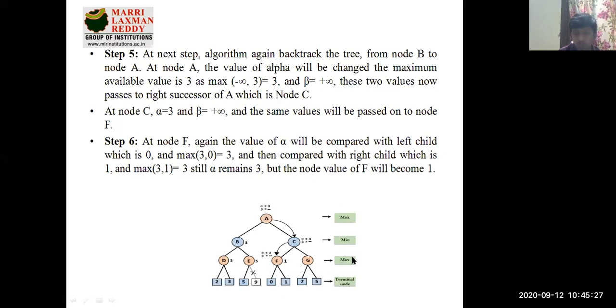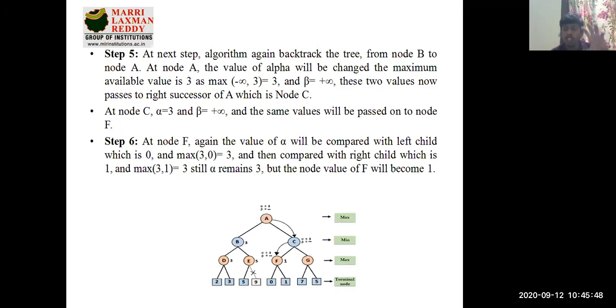Among these two values, 1 is the maximum value, and that's updated to your F value, and compared with the right child which is 1, so maximum of 3 comma 1. Initially the value of alpha is 3 here, but the next value updated is only 1. Among 0 and 1, the maximum is being compared with your alpha value.